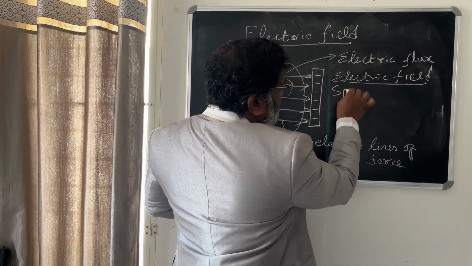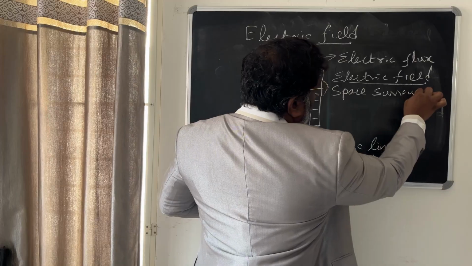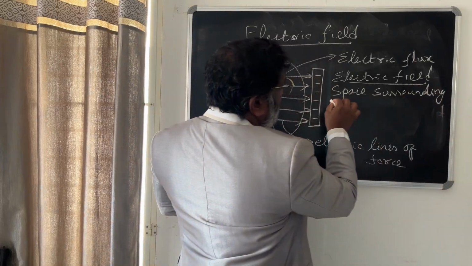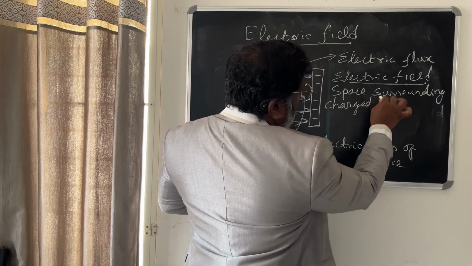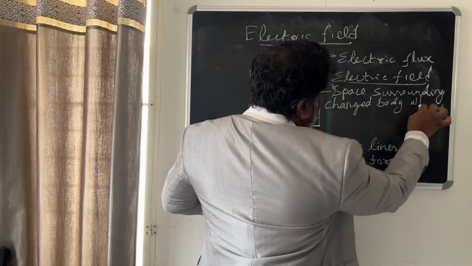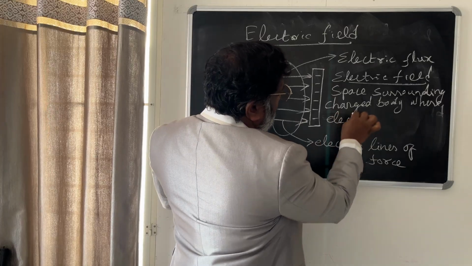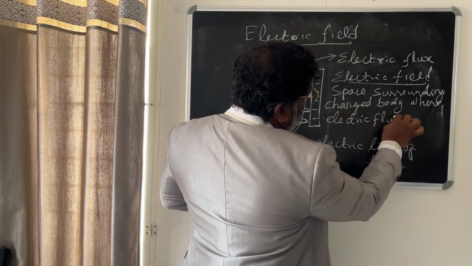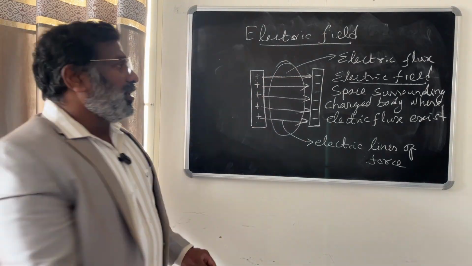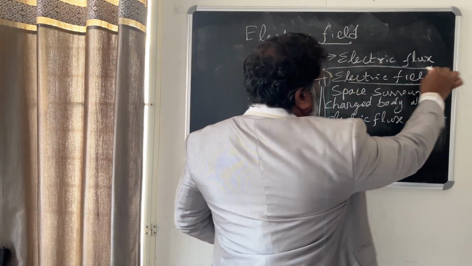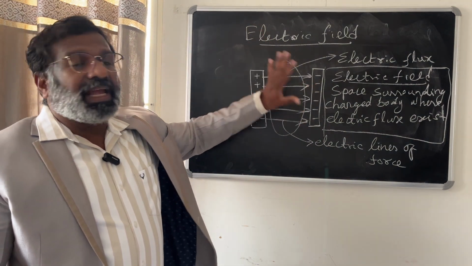It is the space surrounding a charged body where electric flux exists. So electric field is nothing but the space surrounding the charged body where electric flux exists.